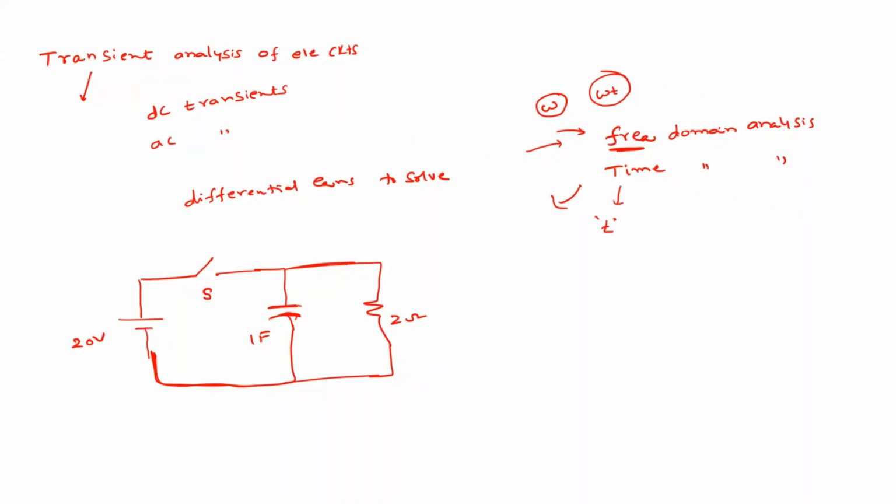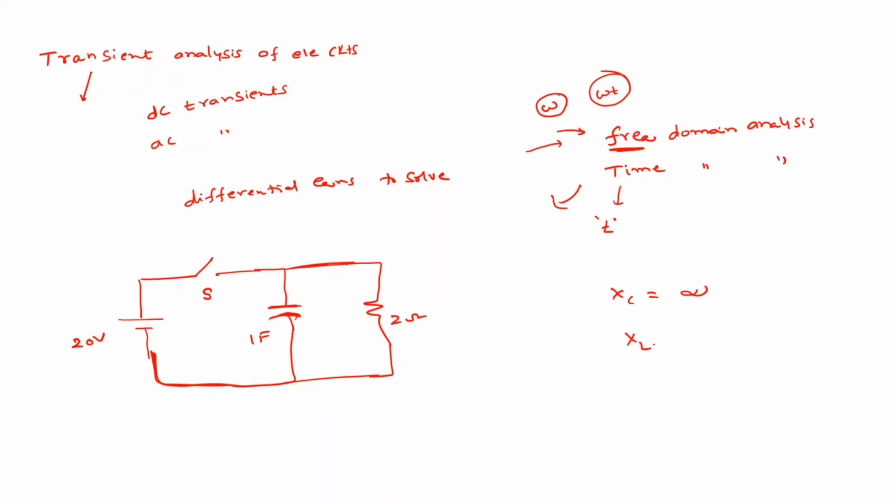When the frequency is 0, how will the capacitor act? What is the value of XC? Infinite. So it acts as infinite resistance to the DC supply.